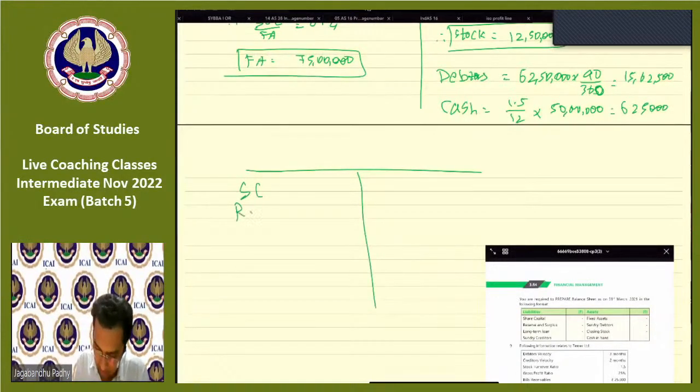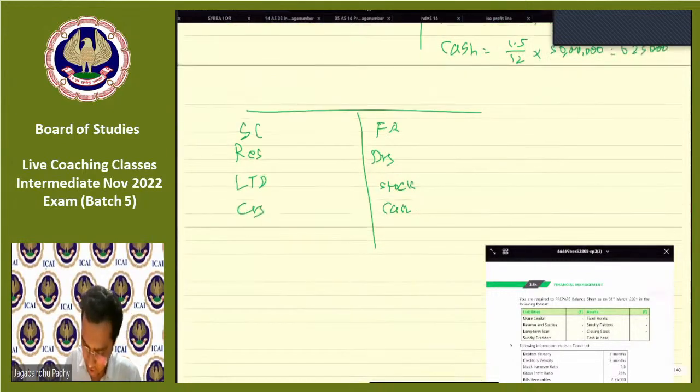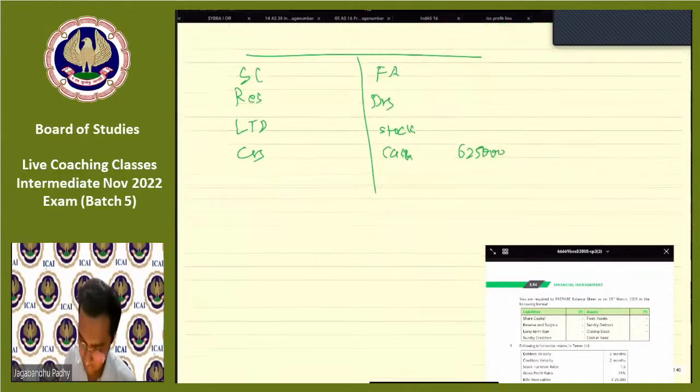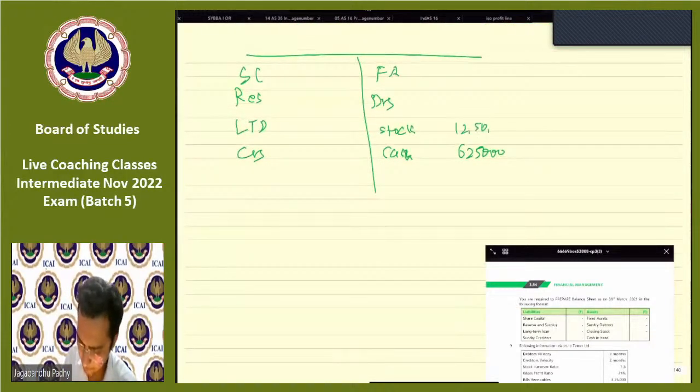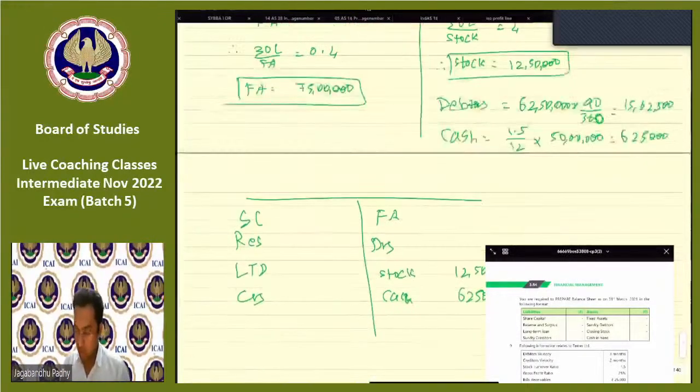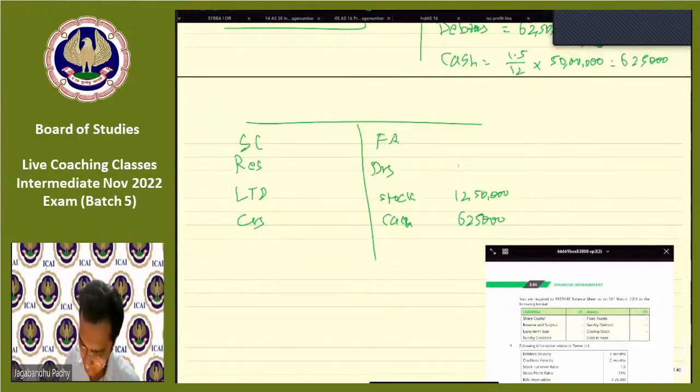Share capital, reserves, long-term debt, creditors, fixed asset, debtors, stock, and cash. Cash we calculated as 6 lakh 25,000. Stock is 12 lakh 50,000. Debtors 15 lakh 62,500.